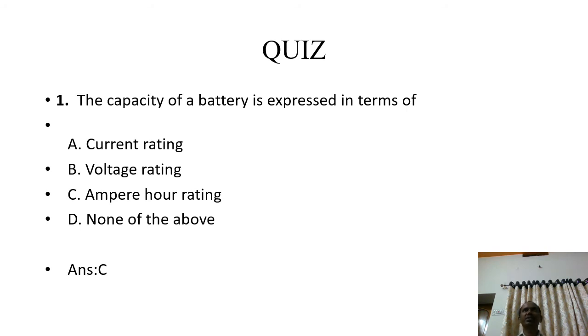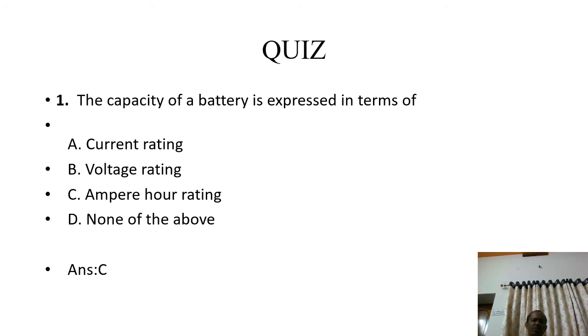In this session, we are going to discuss questions related to batteries.